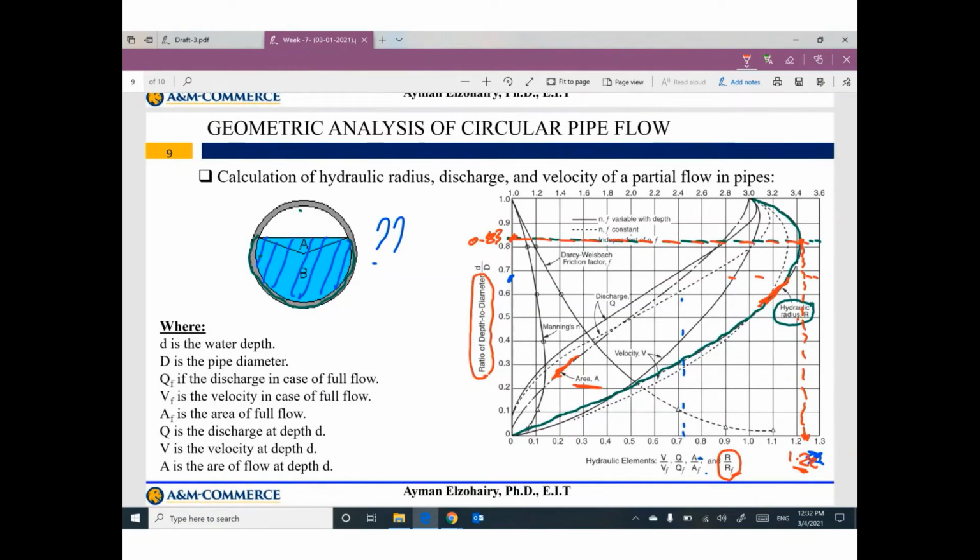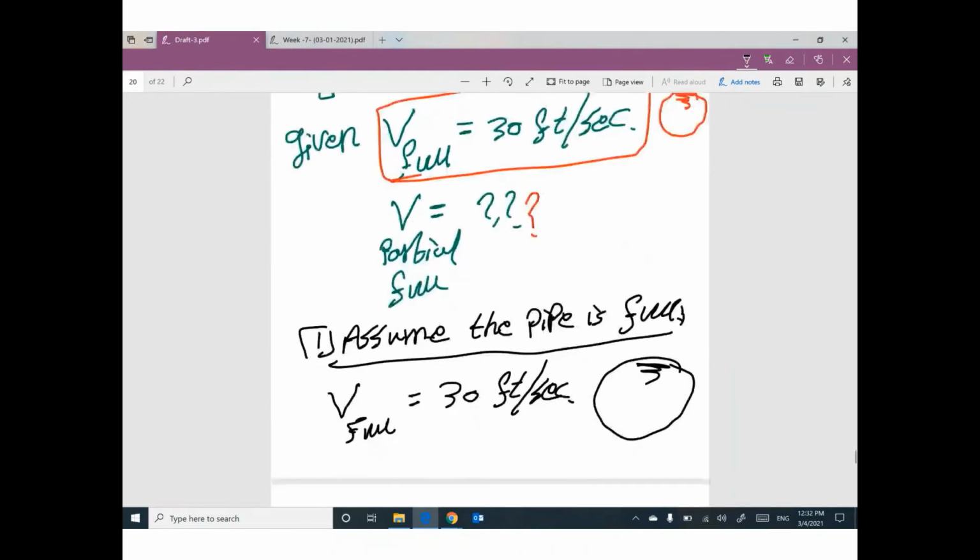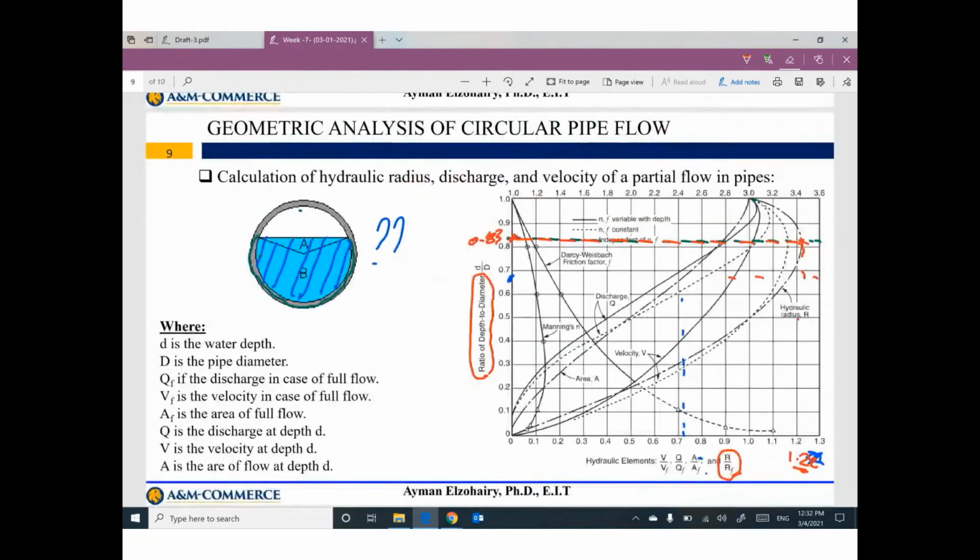Which curve am I going to use? Any help? Please go back to the problem. What are you looking for? I'm looking for velocity. So which curve am I going to use? The curve of velocity. We have two curves, the solid one and the dash one.